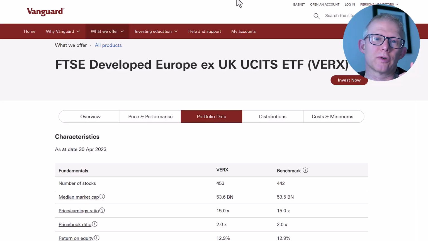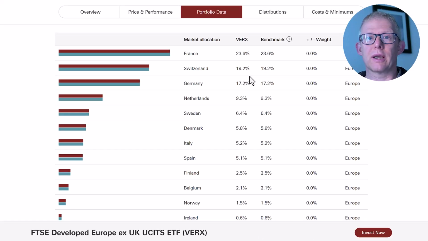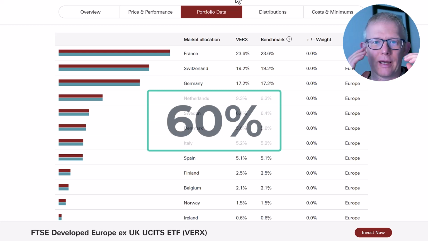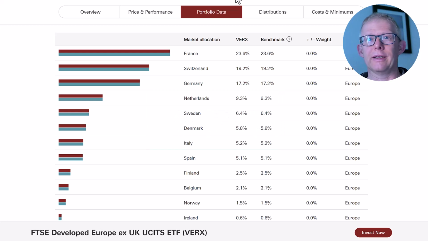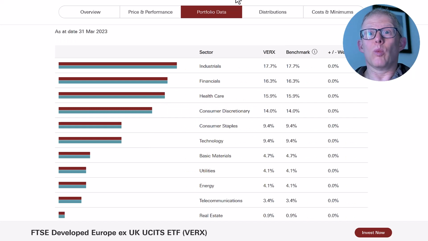Let's jump across to the portfolio data and let's have a look at what countries you're actually going to invest in through VERX. So this gives us a quick idea, about 24% into France and 20% in total. When we look at this ETF, you have 60% invested into those top 3 countries of France, Switzerland and Germany. Chuck in the Netherlands and you're looking at almost 70%. Then we look at where is the weighted exposure across the different sectors. We are looking at VERX being invested into industrials, financials and healthcare.